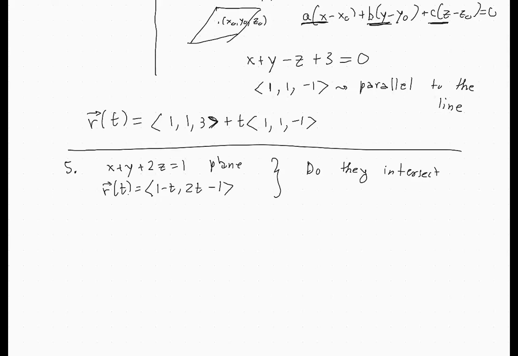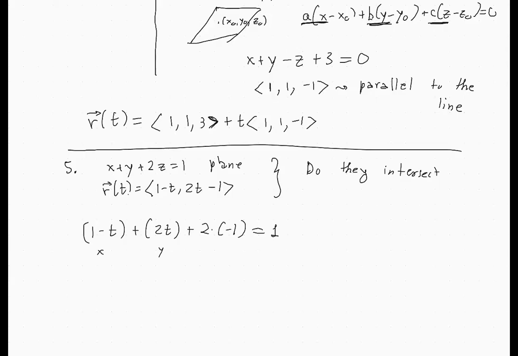So you will get 1 minus t for x plus 2t for y plus 2 times negative 1, and that should be equal to 1. So you can see that that was my x, that was my y, that was my z, and I plugged in the components of the line.